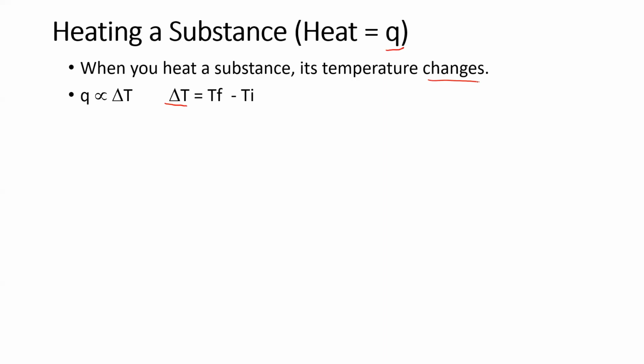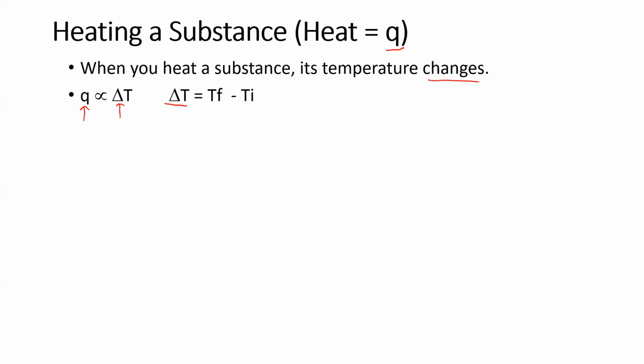So if there is an increase in temperature, if the final temperature is higher than the lower temperature, let's say I'm boiling water, that's a positive delta T, or you can think of delta T goes up, and that is directly proportional, okay? It's directly proportional to the amount of heat that you have to put into the water to raise its temperature.